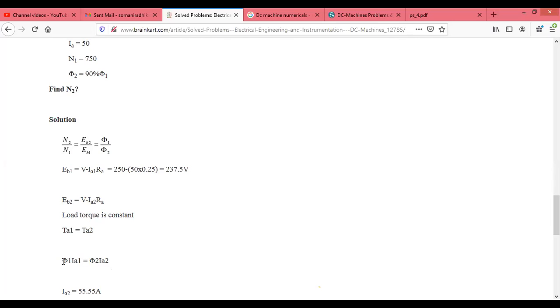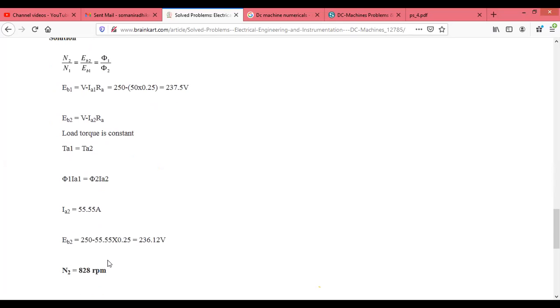We have the phi 2 equation in the form of phi 1. Phi 1 will cancel. IA1 is the given value. If you put all these values, you will get the value for IA2. Okay, after that, if you write phi 2 equal to 0.9 phi 1, phi 1 will cancel and you will get here 0.9.